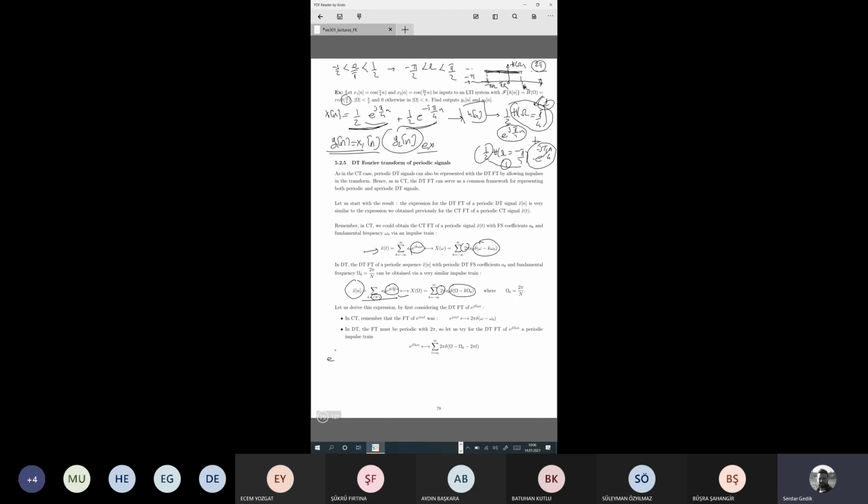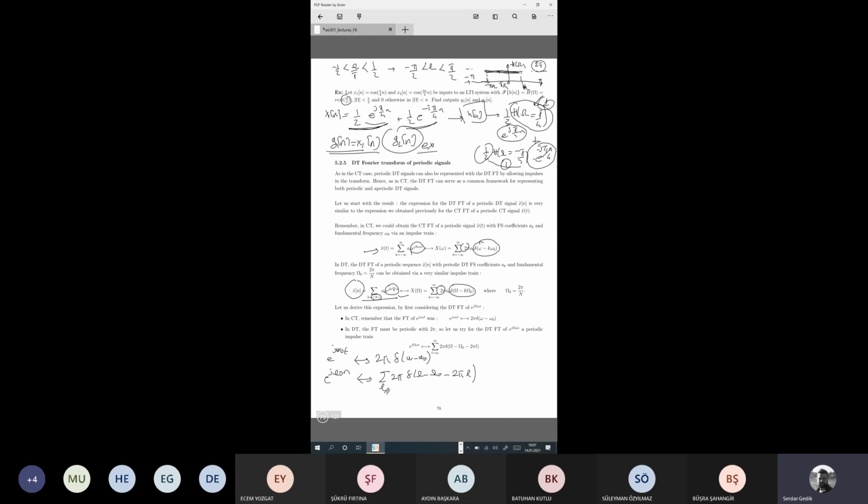So in the continuous case, remember, e^{j omega_0 t} and 2 pi impulse(omega minus omega_0) were Fourier transform pairs. And in the discrete case, e^{j omega_0 n} and the summation over L of 2 pi impulse(omega minus omega_0 minus 2 pi L) are Fourier transform pairs.